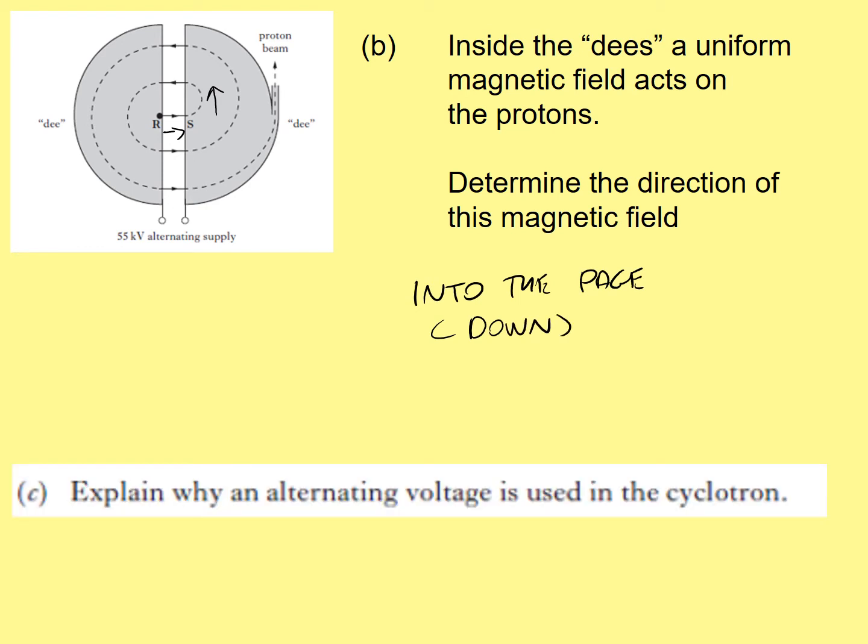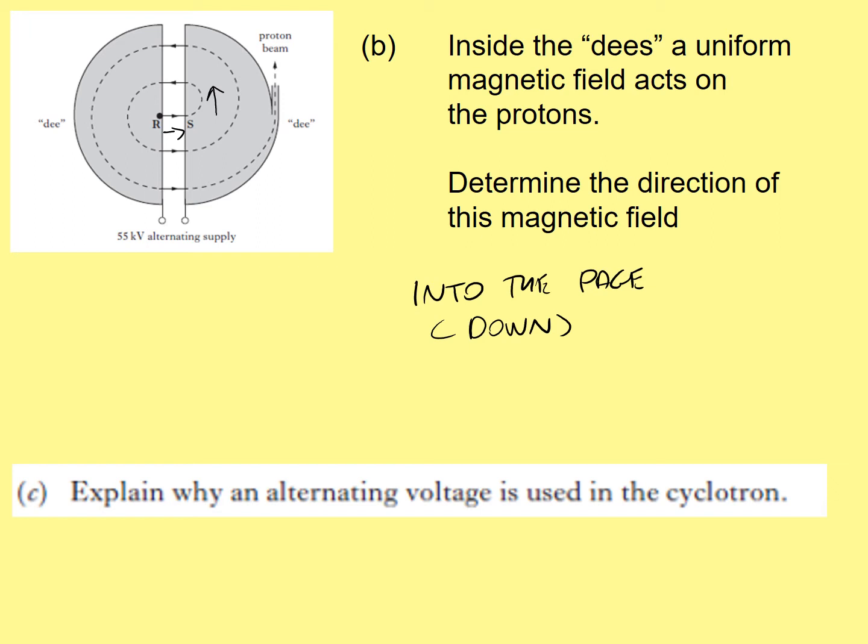In the next part, we're asked to explain why an alternating voltage is used in the cyclotron. If you think about it, remember in the electric field theory, if we change the polarity, if we change the direction of the electric field, we're going to change the direction of the force on the particle. And that's really what we want to do.